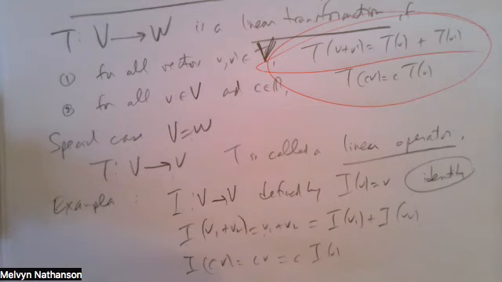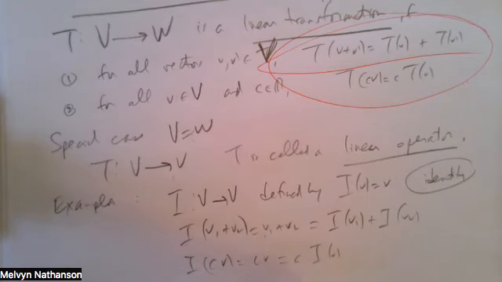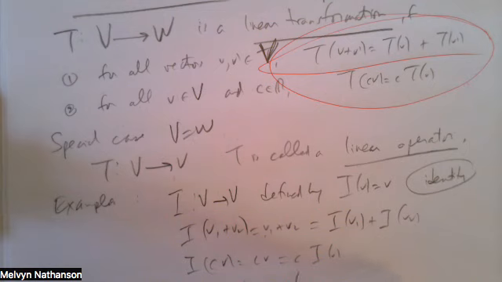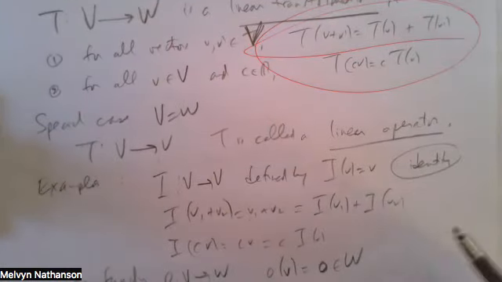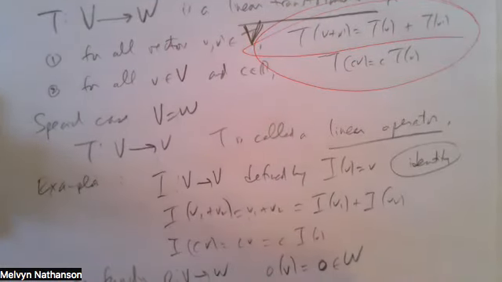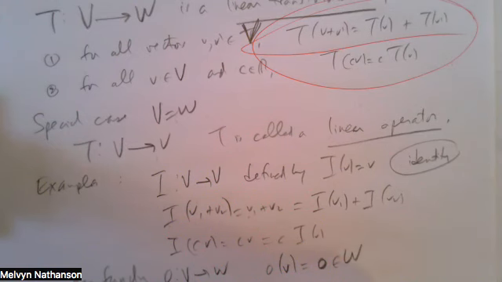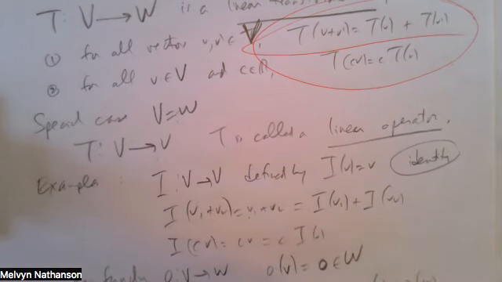We also have the zero function. Let's call it zero from v to w, where zero applied to any vector v is the zero vector. So why is this a linear transformation? 0 of v1 plus v2 is 0. 0 is 0 plus 0. 0 is 0 of v1, and 0 is also 0 of v2.